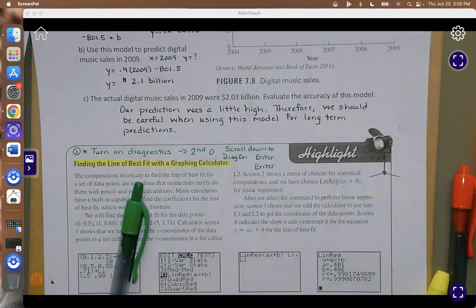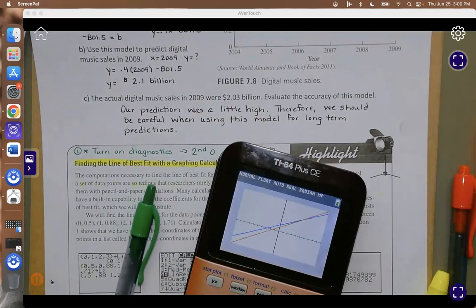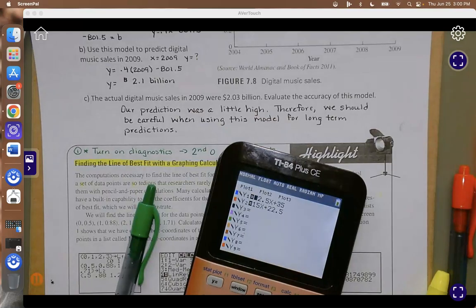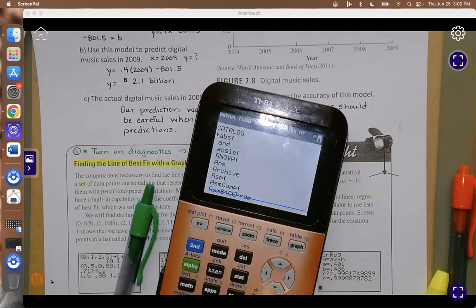Okay, so if I go to my calculator, all right, and I'm going to go second 0, which is the catalog.